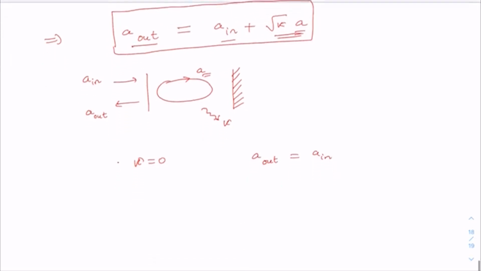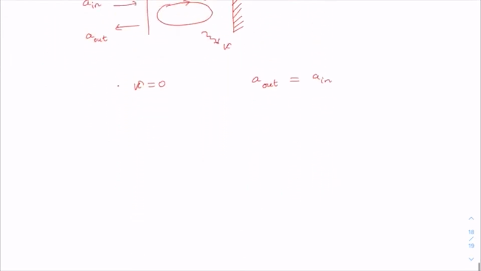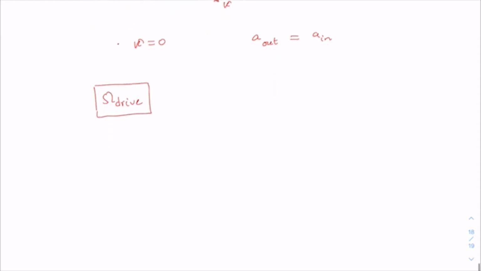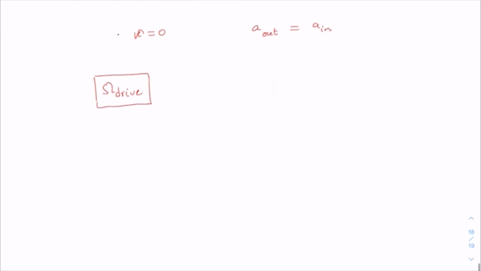Finally, let us derive an expression for the drive coupling parameter omega drive, which is the amplitude for the laser drive. When we are driving the Fabry-Perot cavity externally, we can use the input-output relation to work out an expression for omega drive.